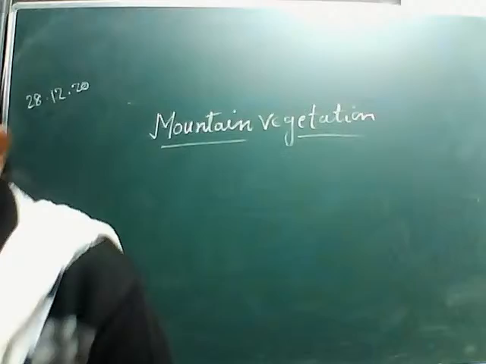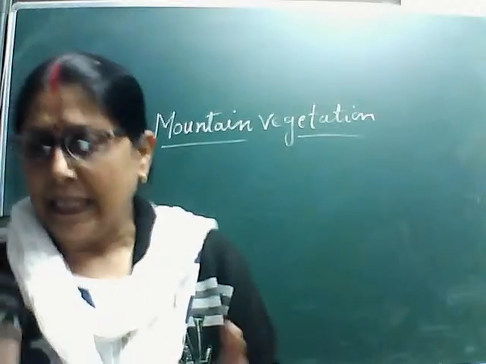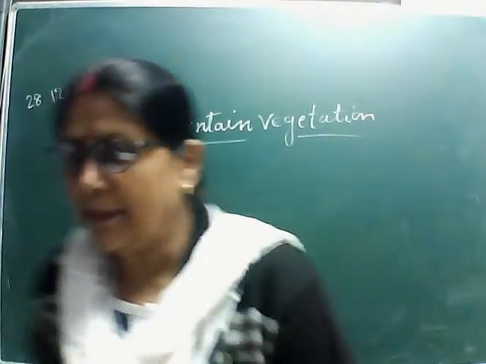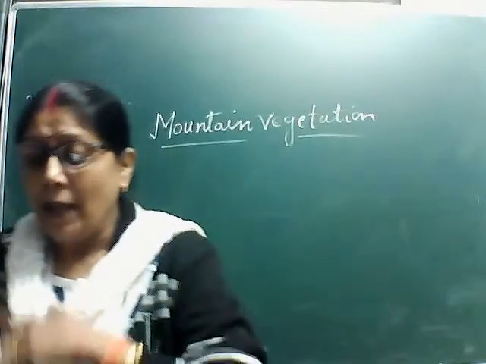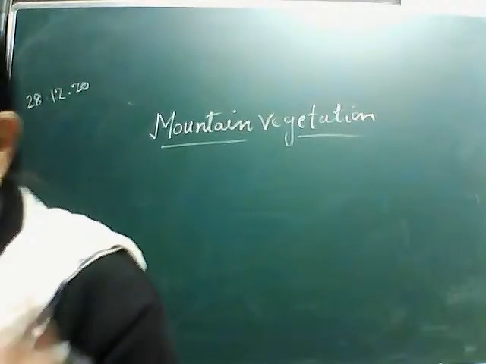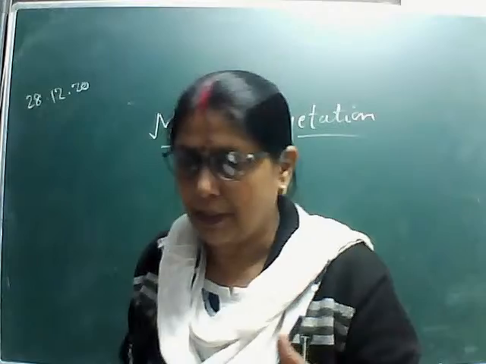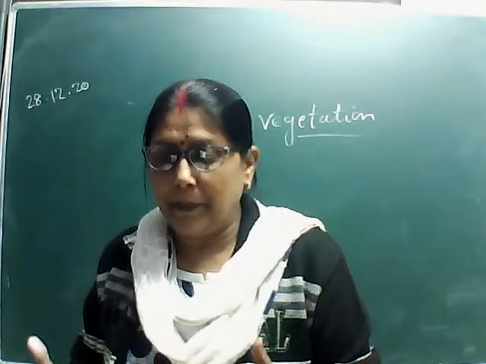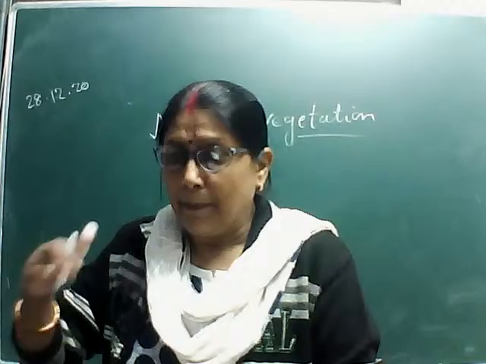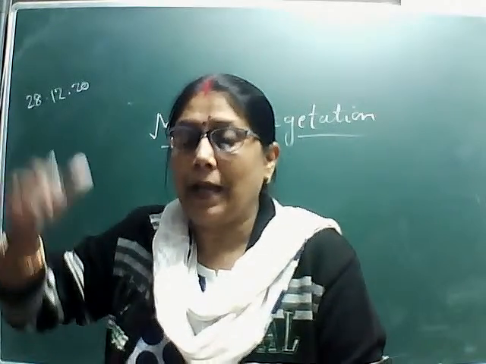Now one more thing, mountain vegetation actually varies according to variation in height. We can see so many different types of vegetation in the mountain region because it depends upon the height.